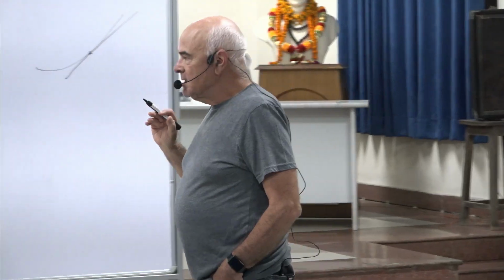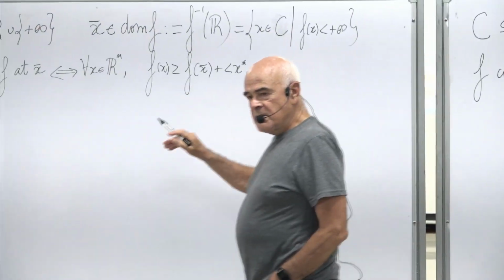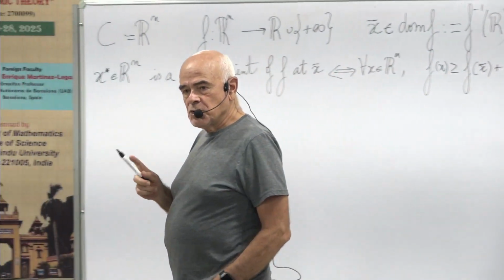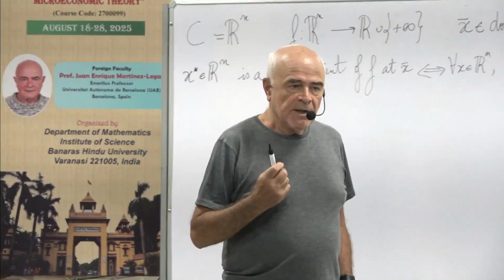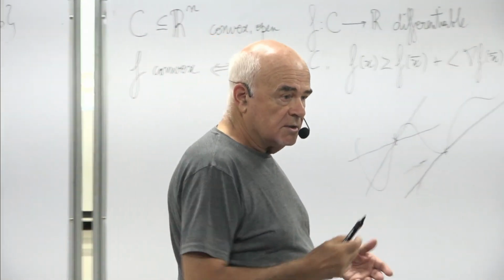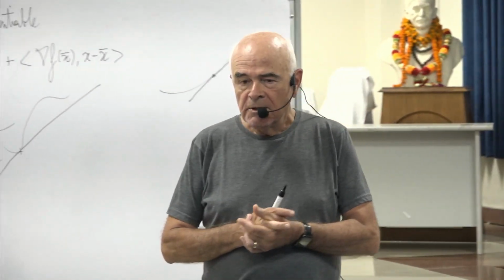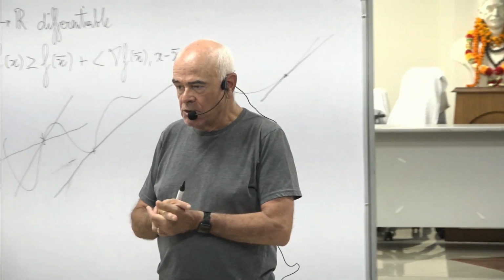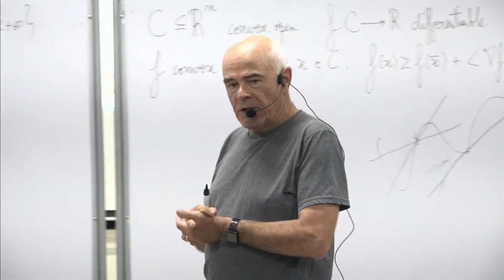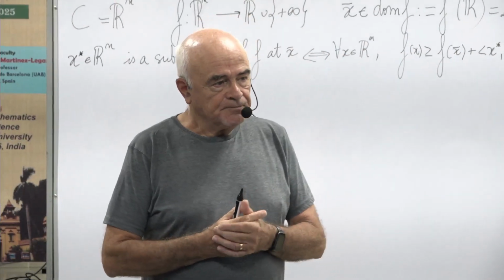Nevertheless, it's convenient to define subgradients for arbitrary functions because, in particular, there is an important class of non-convex functions, a large class popular in optimization, maybe you have heard about it, the class of DC functions, differences of convex functions. They are non-convex in general.